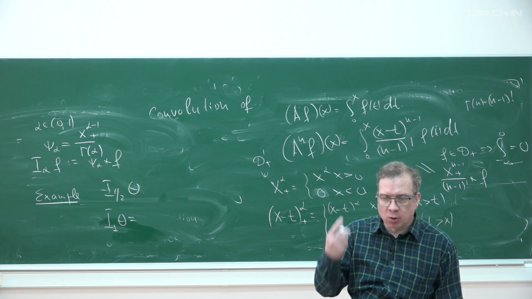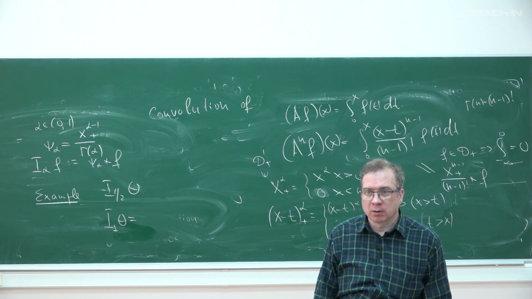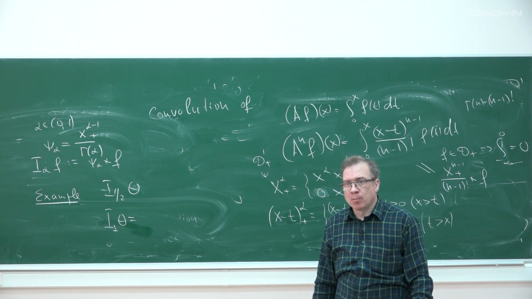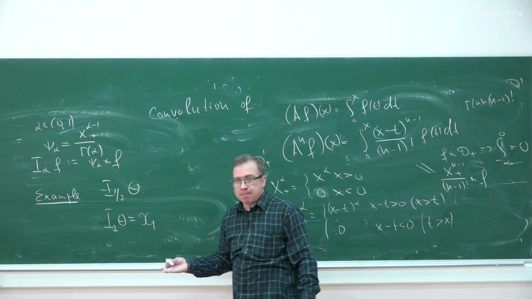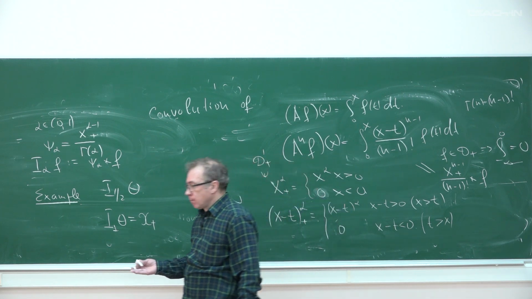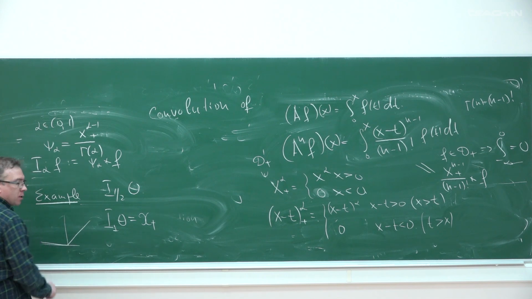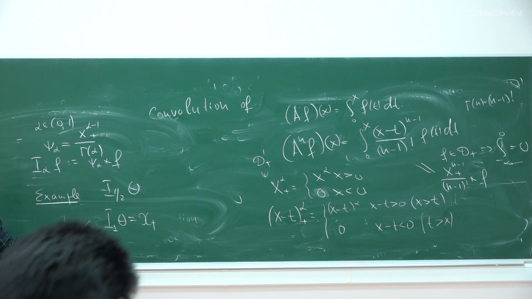And it is unique up to an additive constant. So what is the primitive of the theta function? X plus. This function looks like this: here 0, here x. Its distributional derivative, here 0, here 1, is the theta function. It's just the theta function. So it is one derivative.